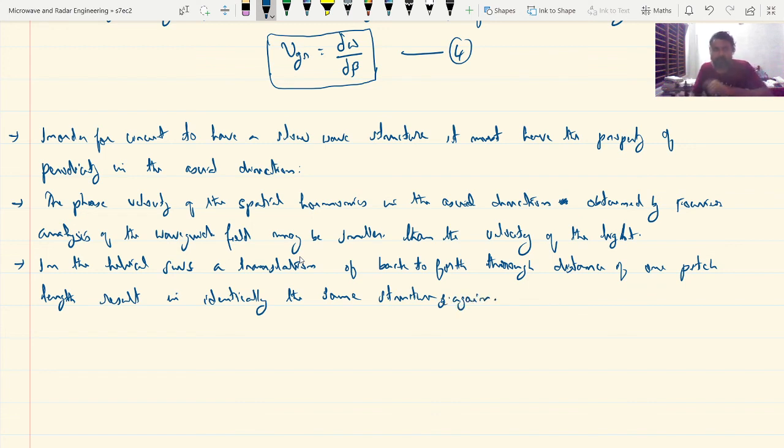If you take that one pitch, the helical structure will repeat again and again. So a translation back and forth through a distance of one pitch length gives identically the same structure again.